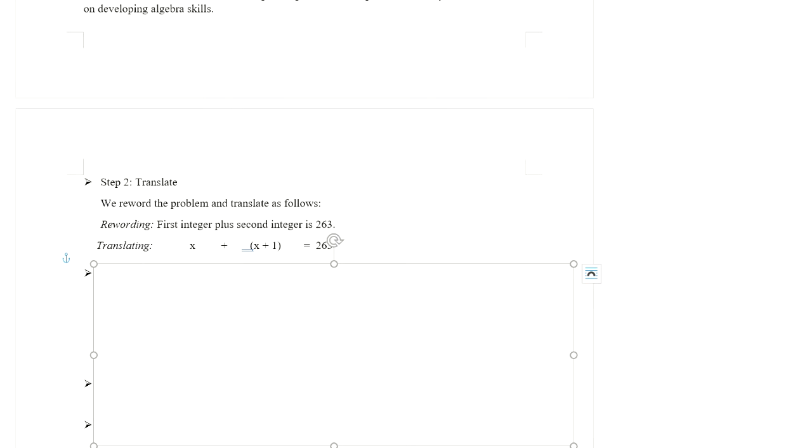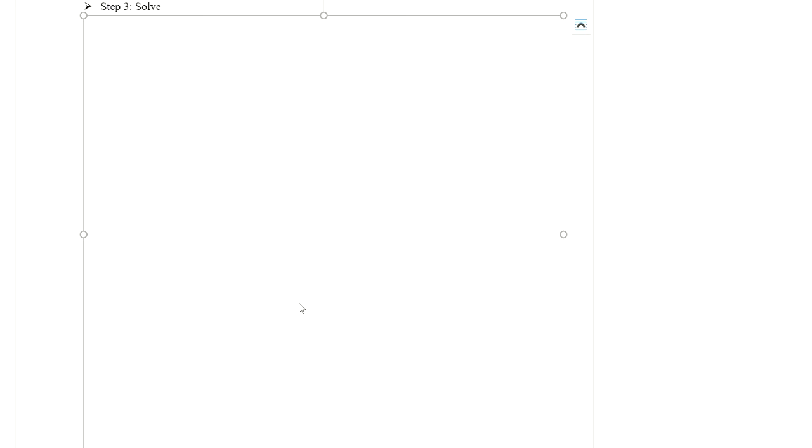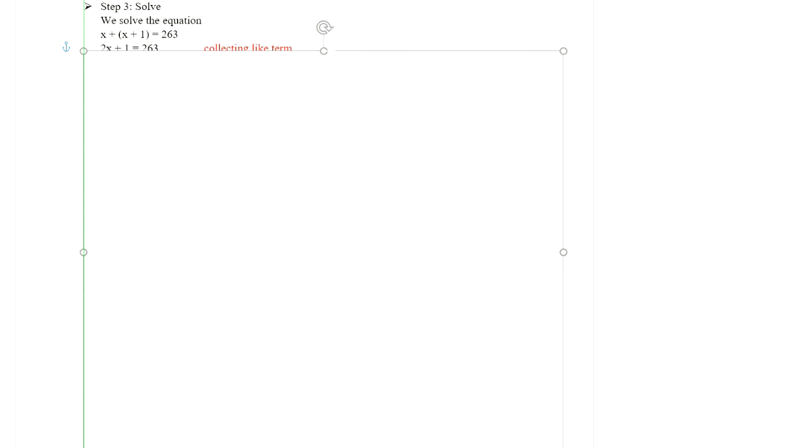Step 3. Solve the equation. The third step, solve. We solve the equation. So we take our translated equation right here, and we'll start solving it out.